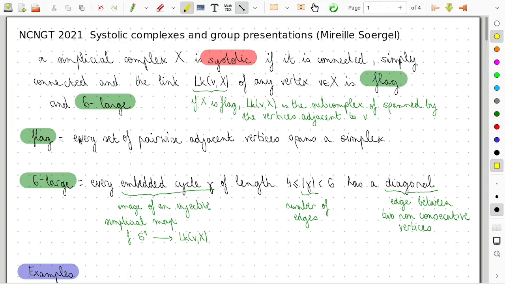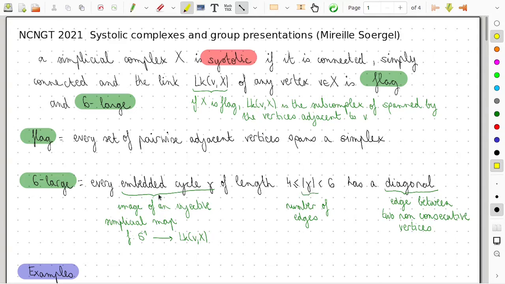And if I give you a simplicial graph, so a graph without loops or double edges, I can always build the associated flag complex by filling in every possible simplex. A complex is 6-large if every embedded cycle gamma of length 4 or 5 has a diagonal.